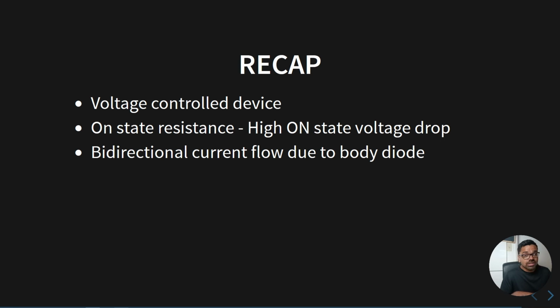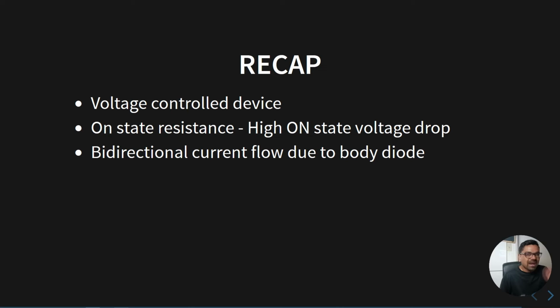And the reason why it will always flow unidirectionally is because the drain should always have a higher potential than the source. So the diode will always be in a blocking state in the applications that we are using the MOSFET for. So we will not see the bidirectional nature of the MOSFET, though the MOSFET has bidirectional capabilities.